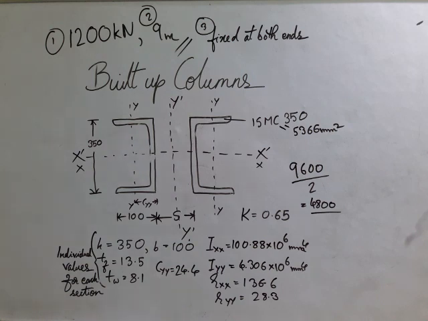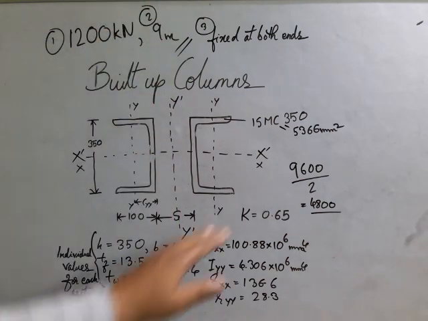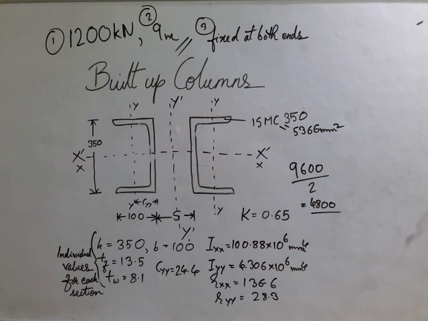That is our first purpose. This is just the beginning. When designing the built-up column, the moment of inertia about y dash and x dash should be almost the same. It may not be exact, but almost the same, so that the strength of the built-up column becomes equal in both the axes.